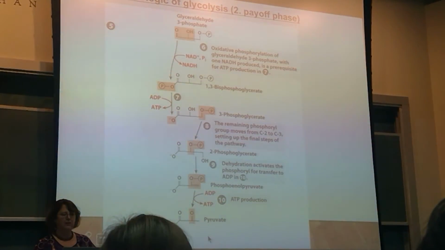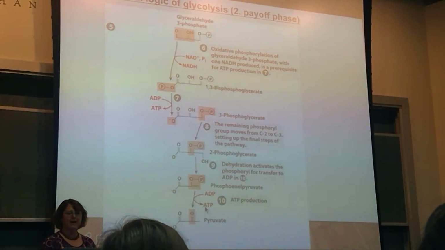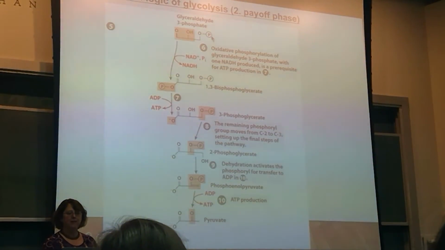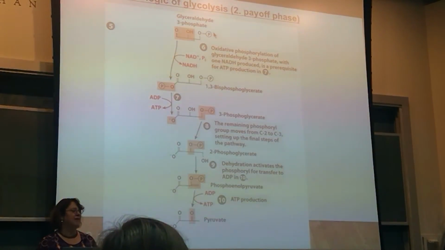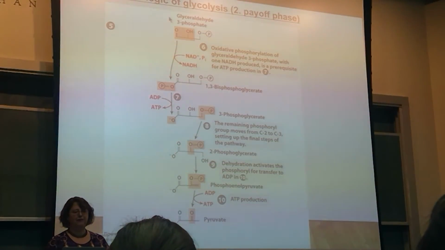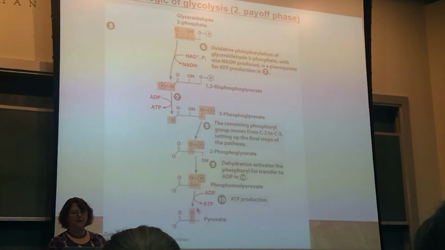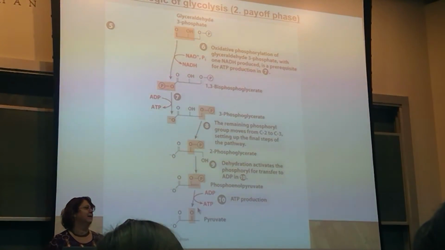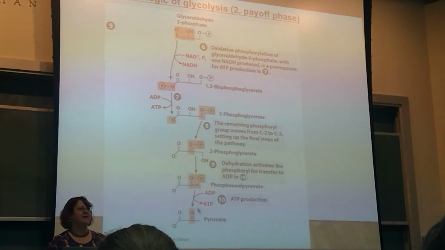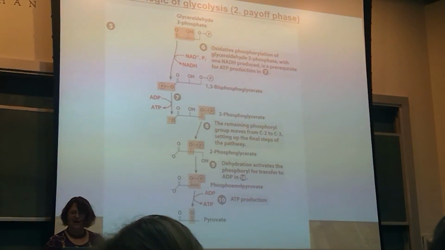So you're getting 2 ATPs for every glyceraldehyde 3-phosphate. If you start from glucose, you would have 2 glyceraldehyde 3-phosphates, so 4 ATP. But in the first part, the prep phase, we put in 2 ATPs, so your net is 2.